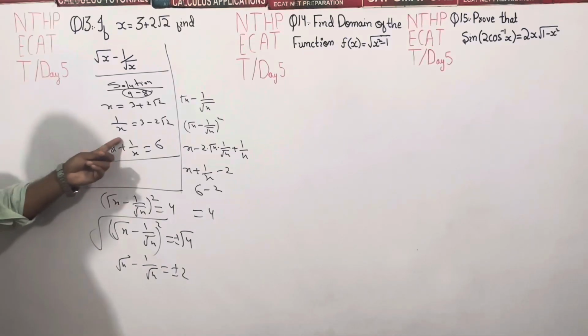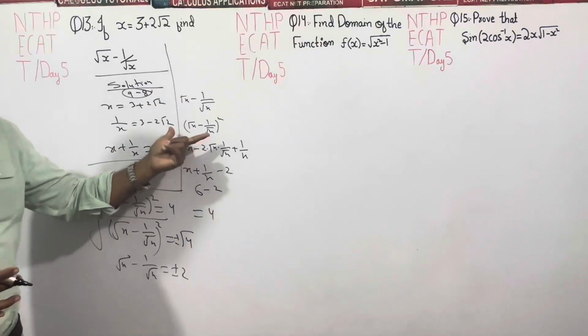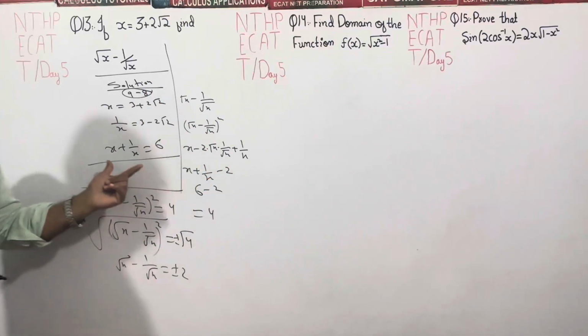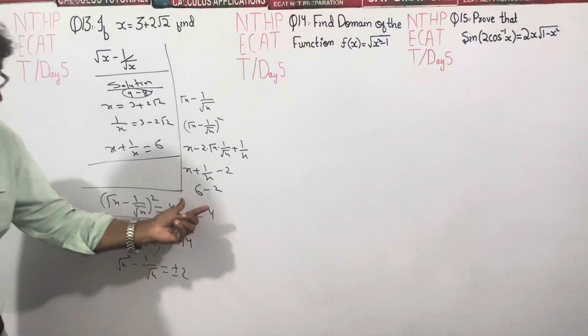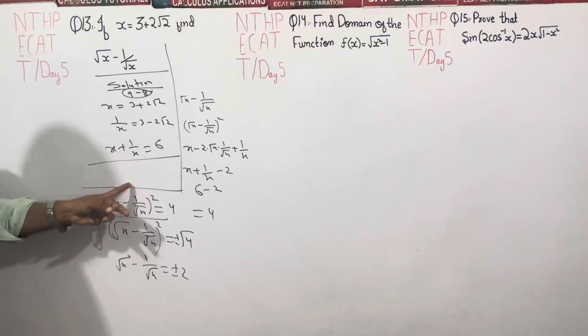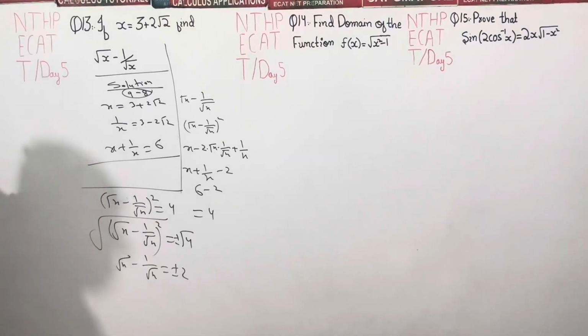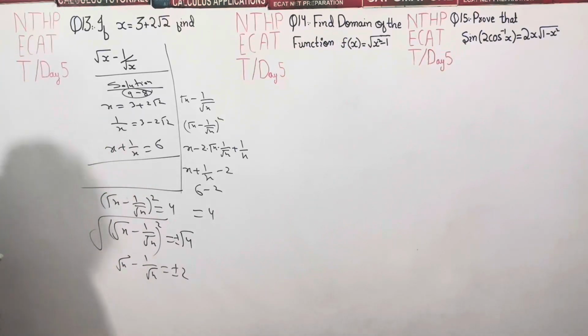We are not in a position to find the square root of this one. On the other hand, take this quantity and square it, and you get some value of x plus 1 over x. Utilize it here: 4 is the value of root x minus 1 over root x whole square. We are interested in the value of root x minus 1 over root x, not the square. Taking the square root, that's our answer.